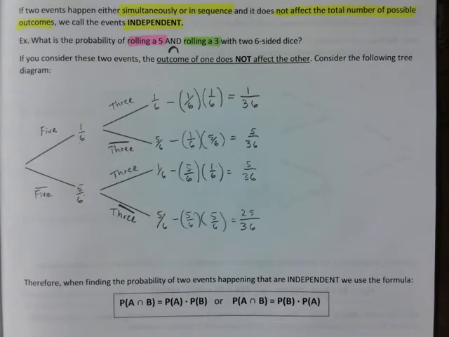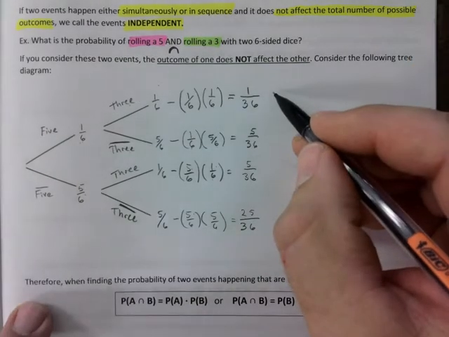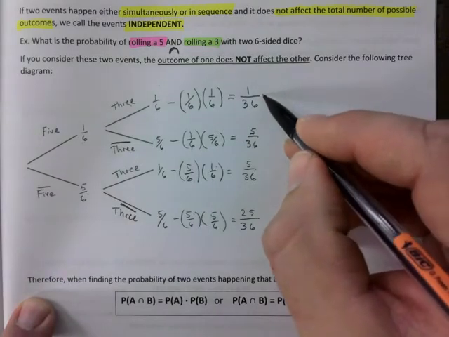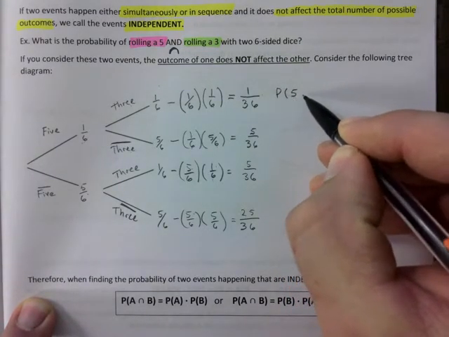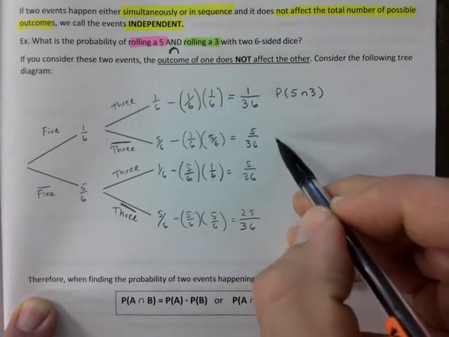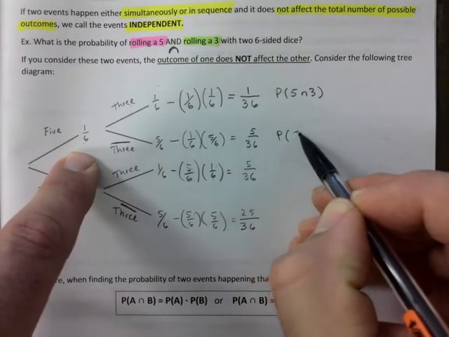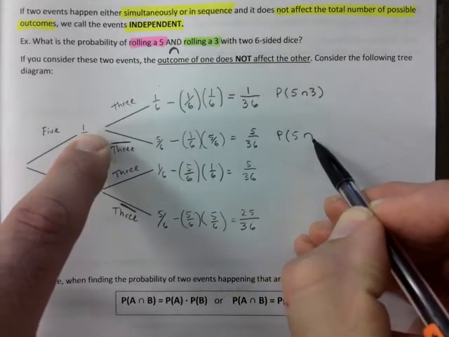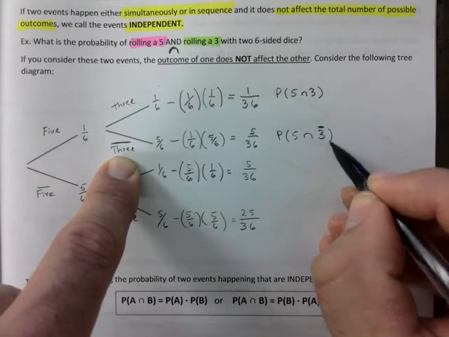Okay. So what did we just do here? Well, let's write down what we just calculated. This here is the probability of rolling a 5 and rolling a 3. That's what you just found here. This would be the probability of rolling a 5 and, going down this branch, not rolling a 3.